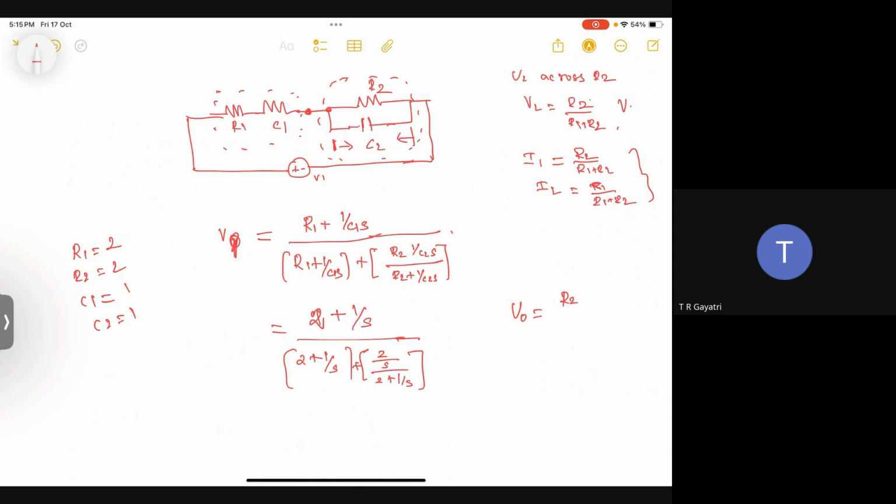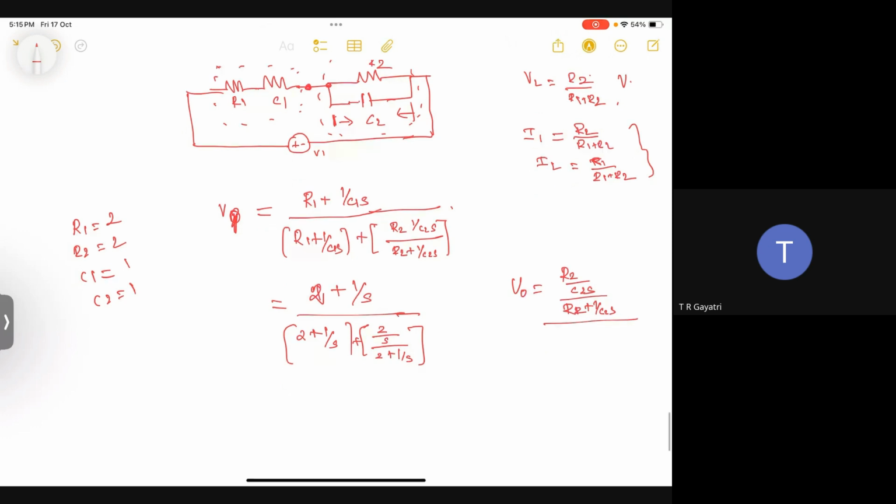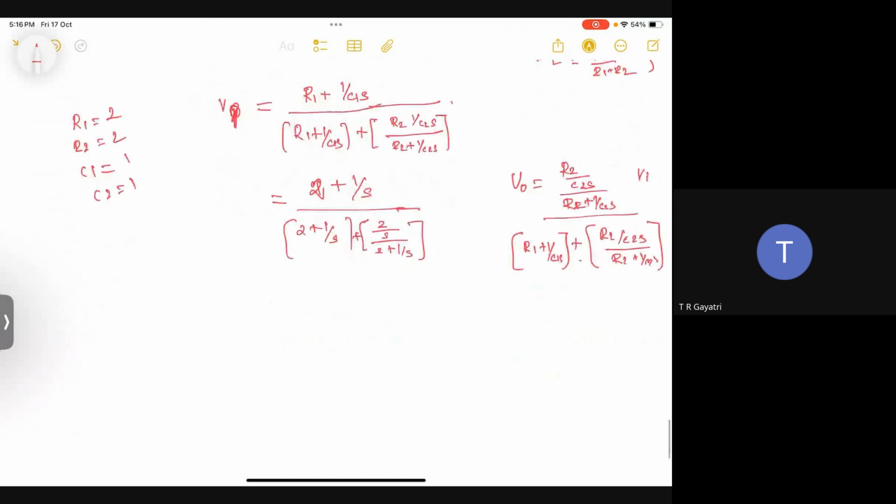So it will be R2 by C2S by R2 plus 1 by C2S divided by the whole, this term as it is, plus this term R1 plus 1 by C1, is right. Okay. So this is what the answer is.